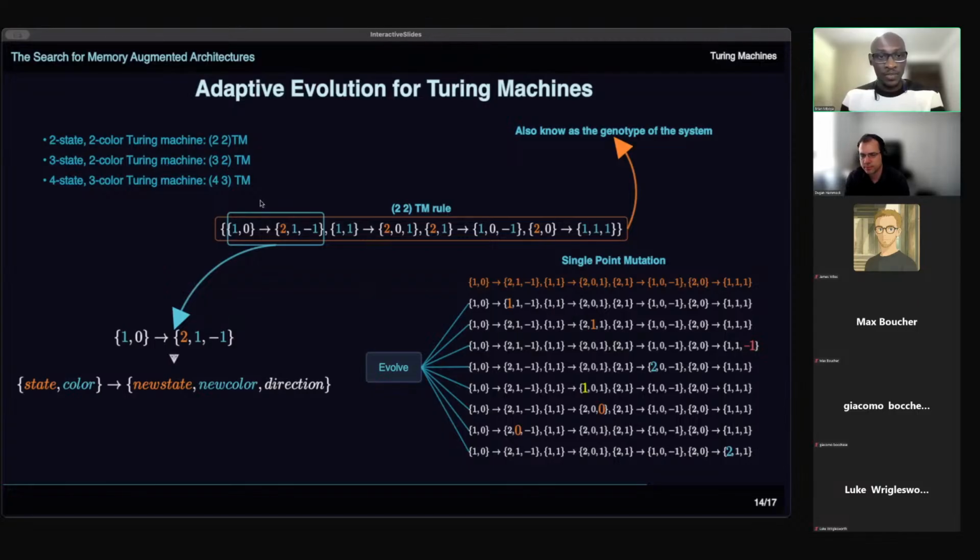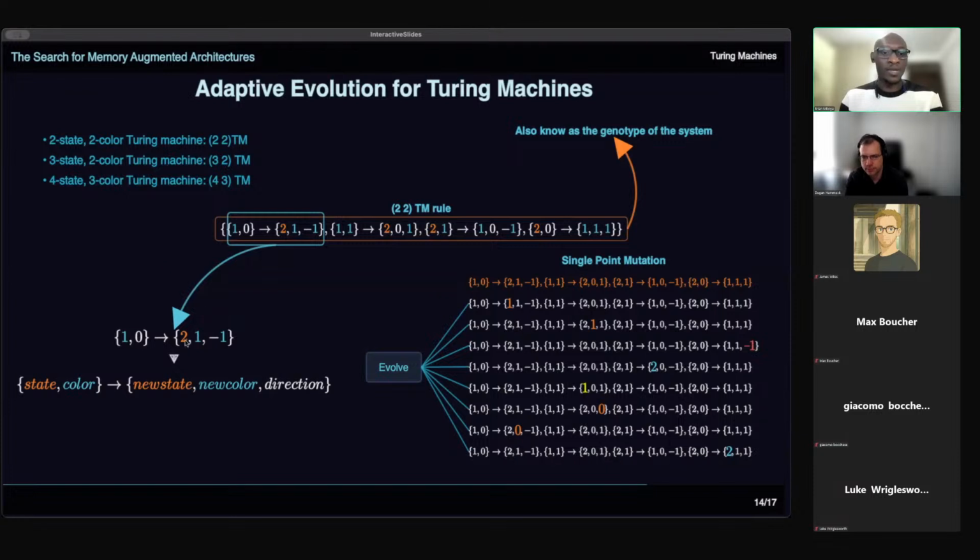So the idea is you take a section of that rule: the left hand side is encoding the state and the color, and the right hand side encodes the new state, the new color, and the direction of the head.